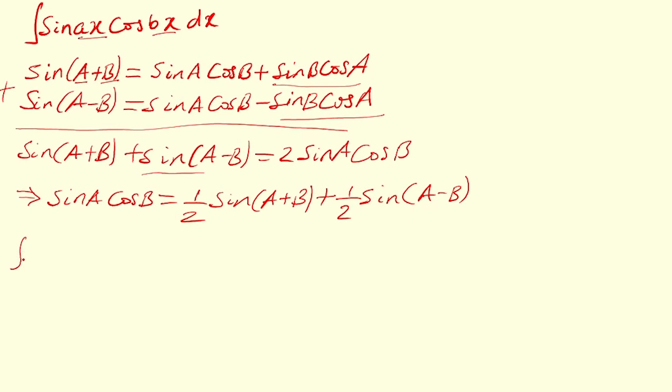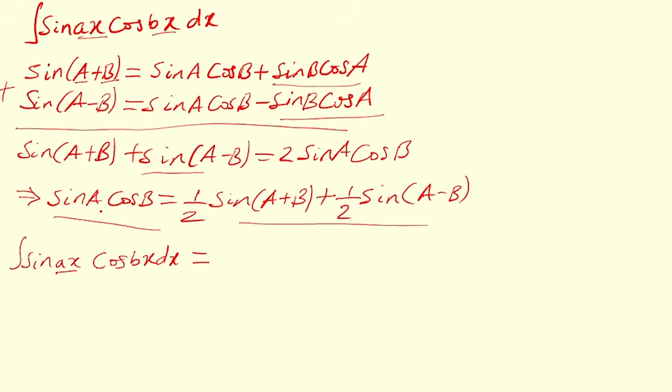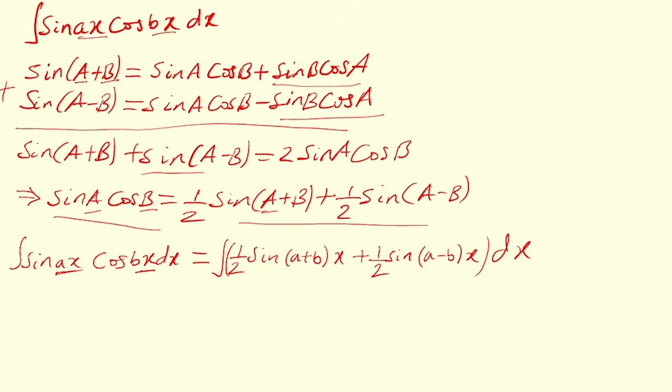Therefore, the integral of sin ax cos bx dx is equal to, integrating both sides, the integral of 1 over 2 sin(a plus b), that is ax plus bx, so (a plus b)x, plus half sin of (a minus b)x dx. Now it is very simple to integrate.